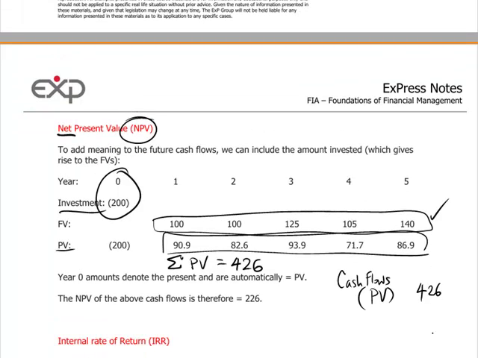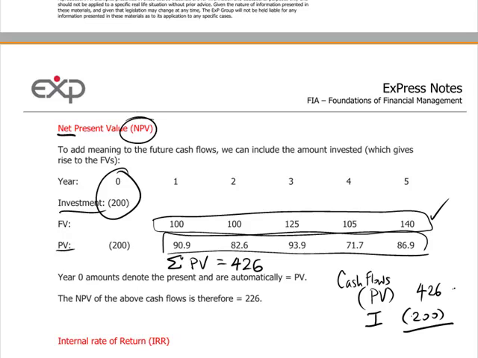In order to achieve this present value totaling 426, we are being invited to make an initial investment of $200. Does it make sense? Would we want to invest $200 to receive, in today's present value terms, 426? Plainly, yes.